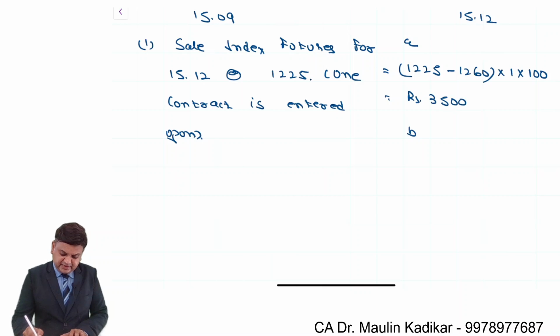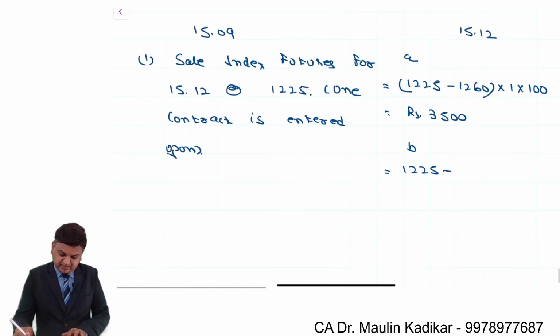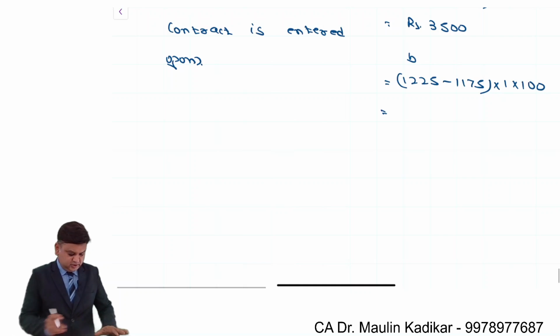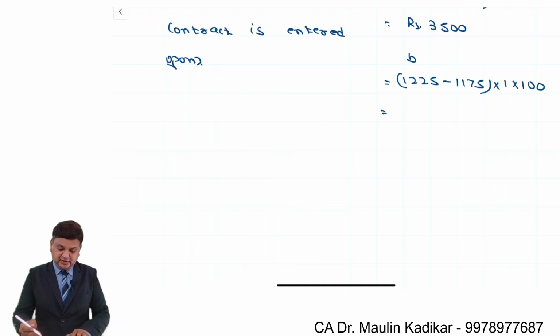Do not write anything, let me explain first. In the second case it is 1225 minus 1175 into 1 into 100. So the answer comes to an amount of 50,000 rupees.